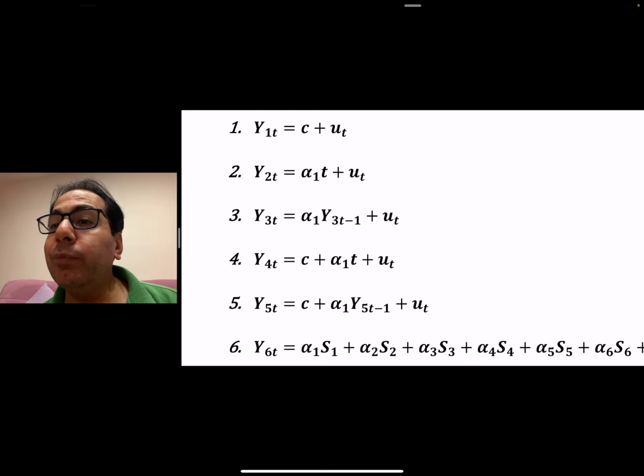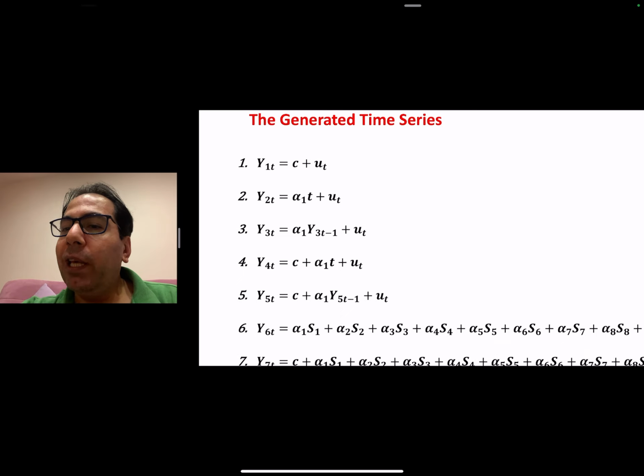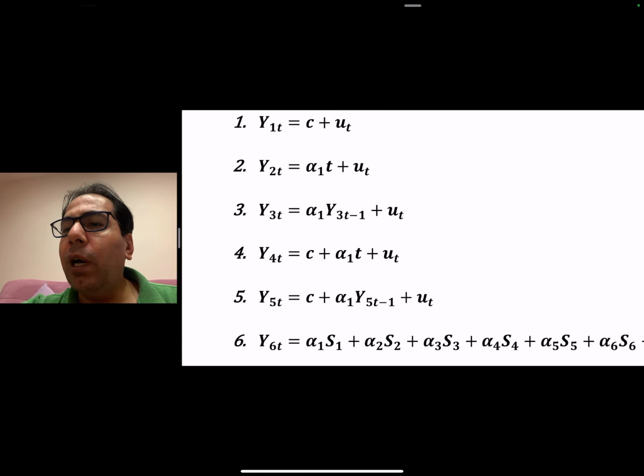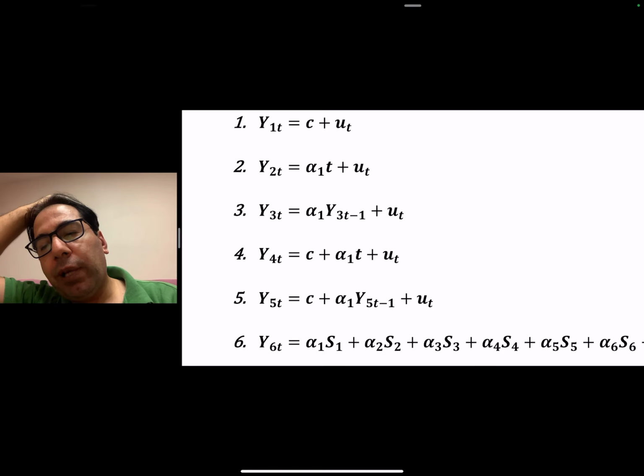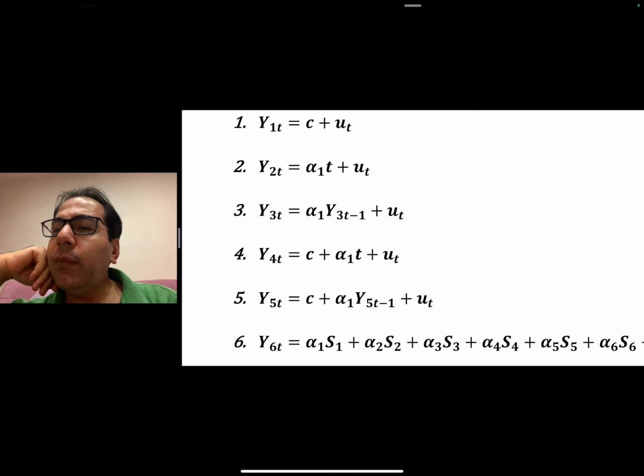The fourth model is the combination of the first and the second, including a constant term for the second model. And the fifth model is a combination of the first and the third model, including a constant term.